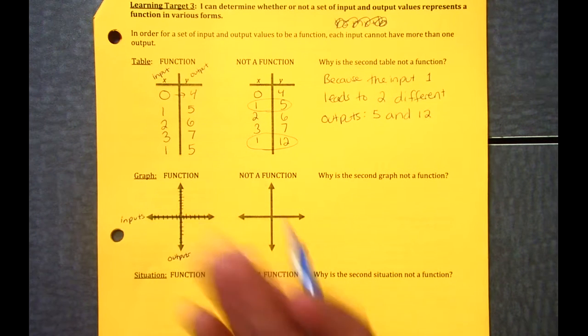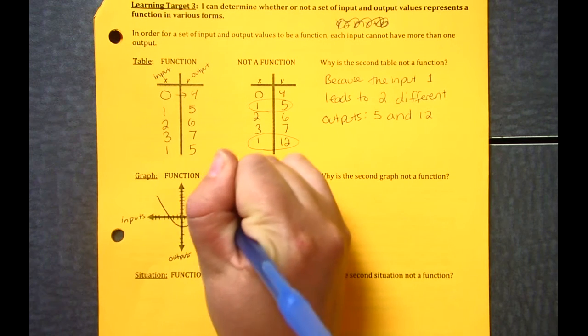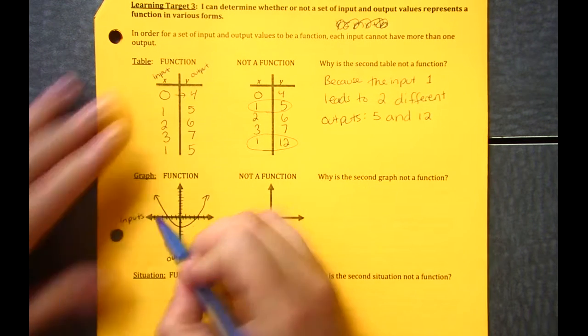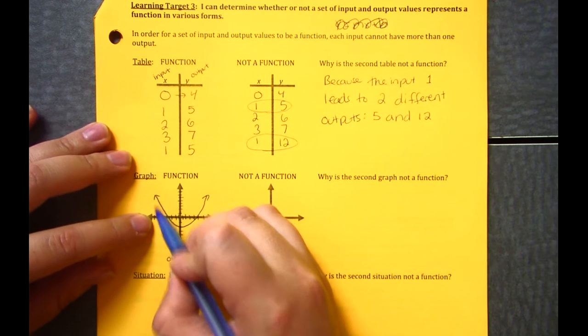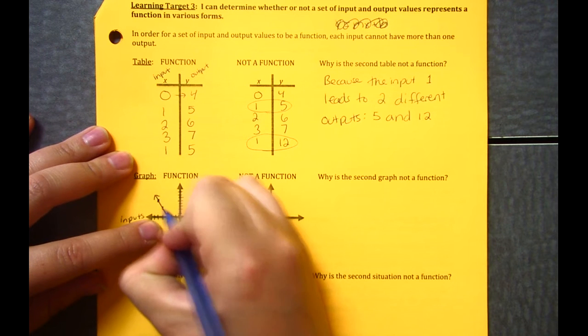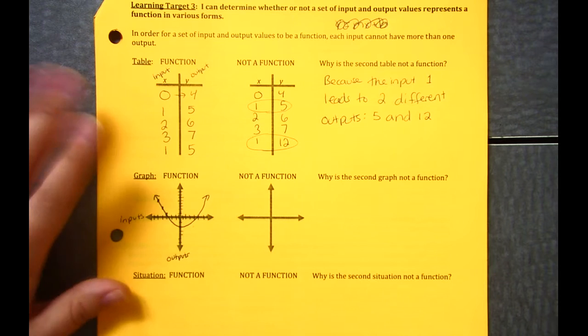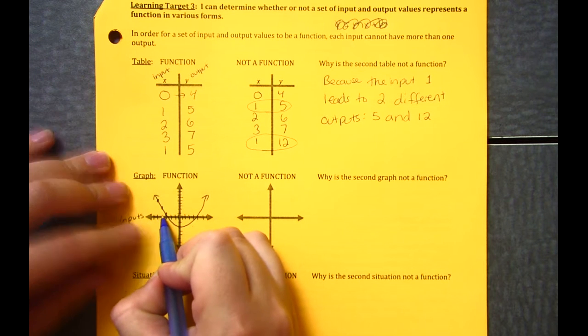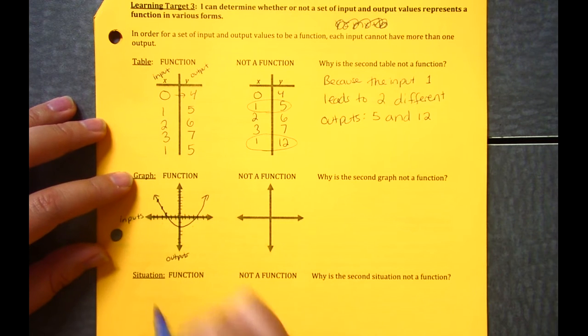So as long as your graph never double backs over onto itself, like for example this, is okay. Because any input you choose just has one output value that goes with it. This input has this one. This one has this one. This one has this one. There's never a situation where one input has two outputs, maybe here and down here or something.